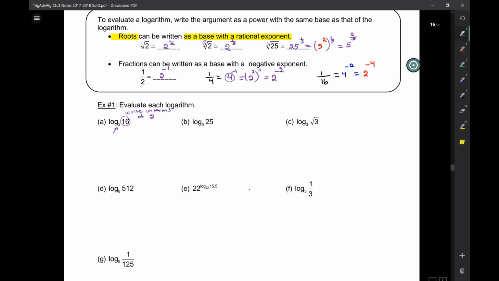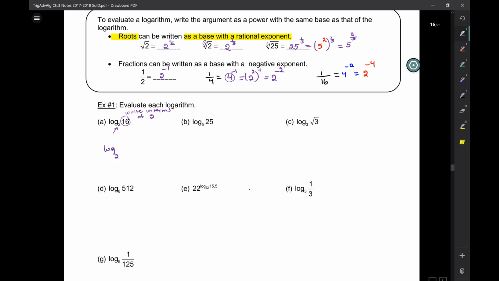Why 2? Because the base of this logarithm is 2. So that means this is going to be log base 2. And what's 16? 2 to the 4. Right? Exactly.